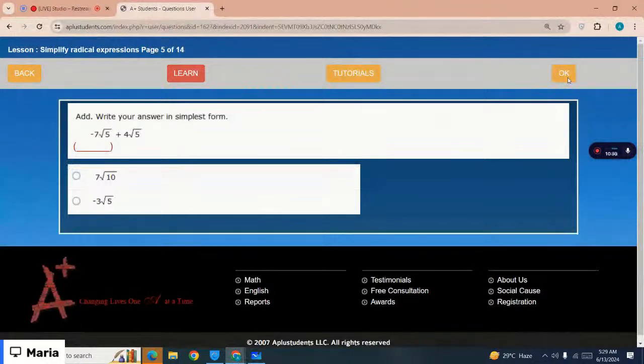Add negative 7 square root 5 plus 4 square root 5. Which is the correct option?